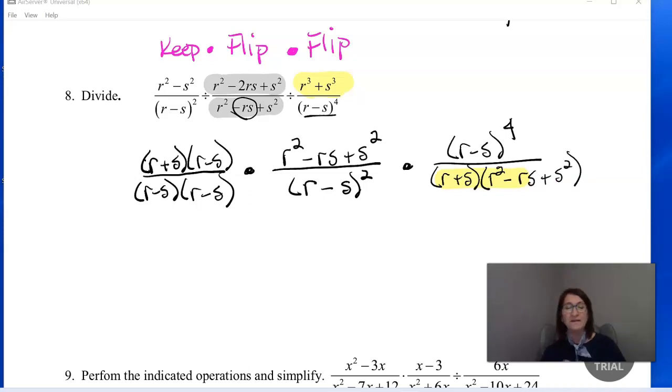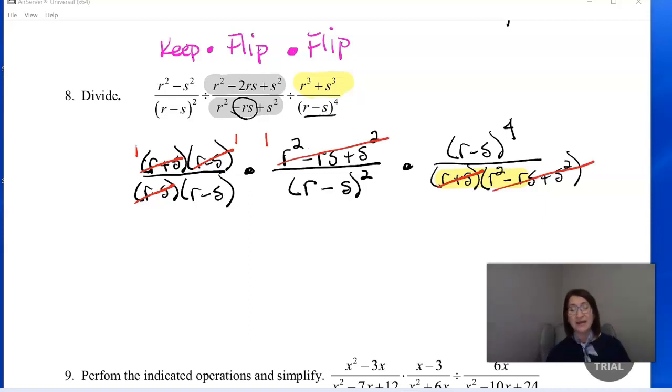Okay, now we get to have some fun, and we can reduce. All right, so we've got the r plus s, the r plus s. That's 1. The r minus s and an r minus s. That reduces to 1. The r squared minus rs plus s squared reduces to 1.